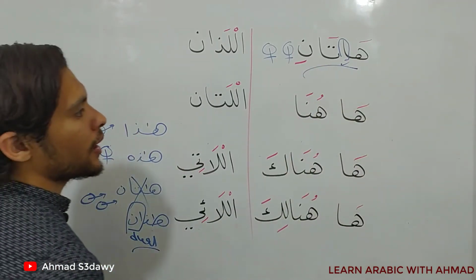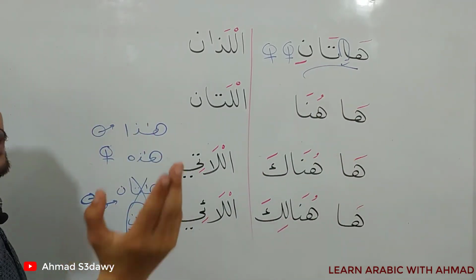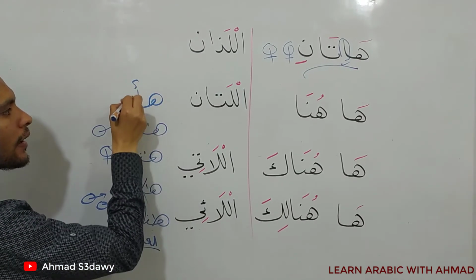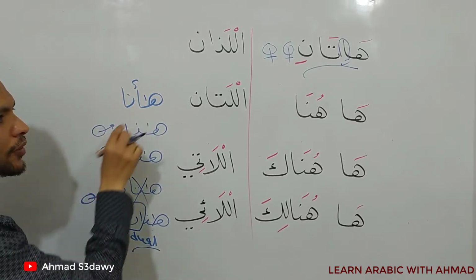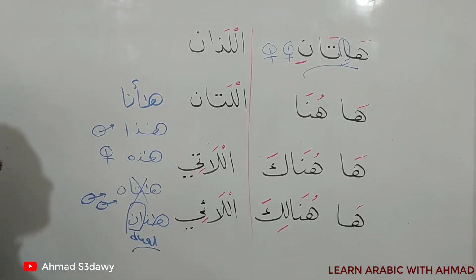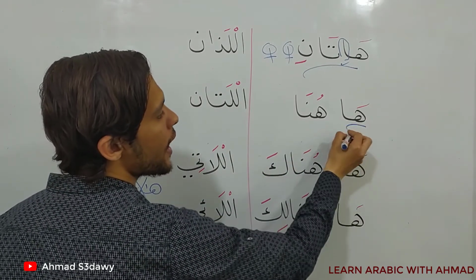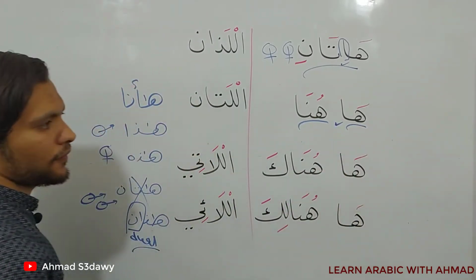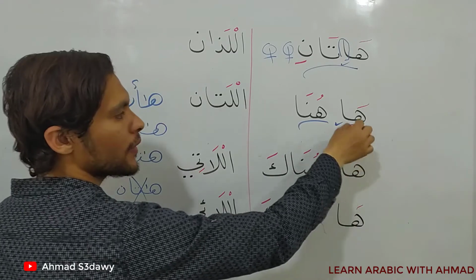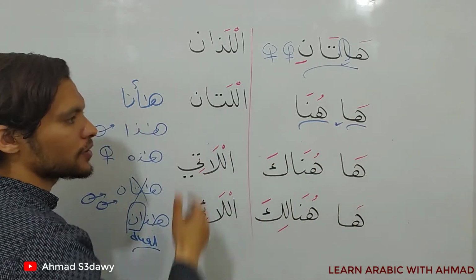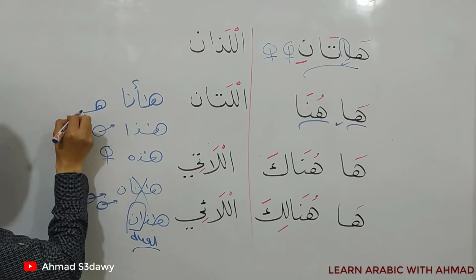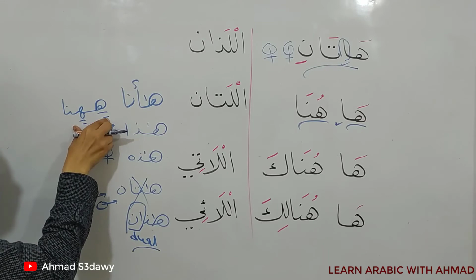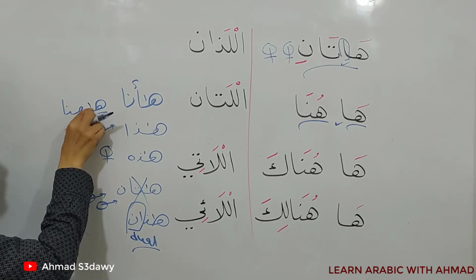It's an exception. And here, remember when I said like ها أنا, ها أنت, ها أنتِ, we wrote the ها أنا like this, and there is alif here. We didn't write it, but actually there are some exceptions. Here when you say ها هنا, here I write the alif, the long vowel alif after the ha. Why? Because it's an exception. You have to bear it in mind. You do not write two ha next to each other like this and say that there is a long vowel here.